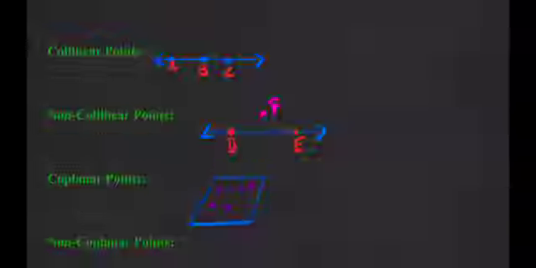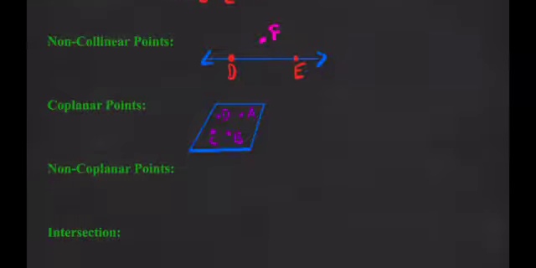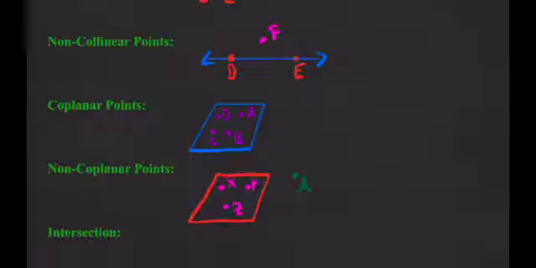We can say that points A, B, C, and D are all coplanar because they're all within the plane. If we have a different plane, plane X, Y, Z, and another point out here, call that point A. Point A is not coplanar to the other points because it's not in the same plane. That's just a quick review.